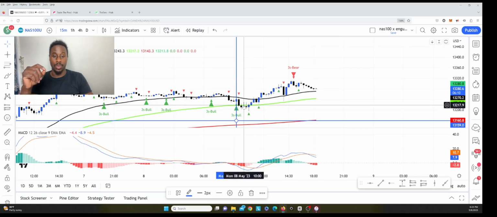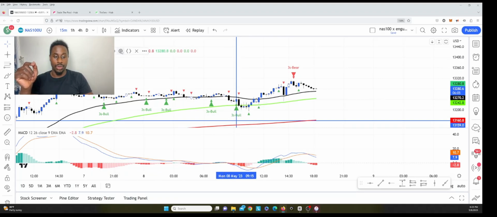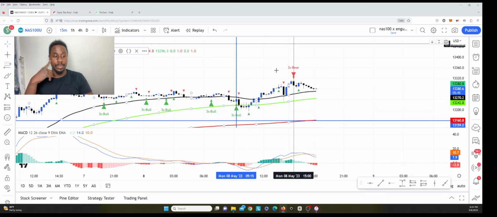Something to note is that it's bouncing off of this smooth moving average, and this is the 50 smooth moving average. Sometimes moving averages can play as support levels or resistance levels, meaning that price can either bounce off of them and go up or bounce off of them and push back down, right?